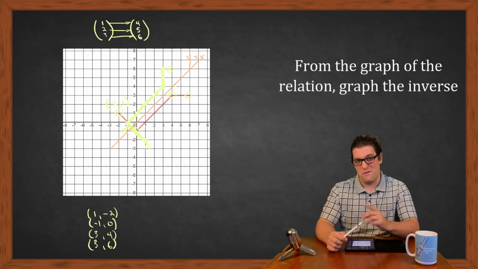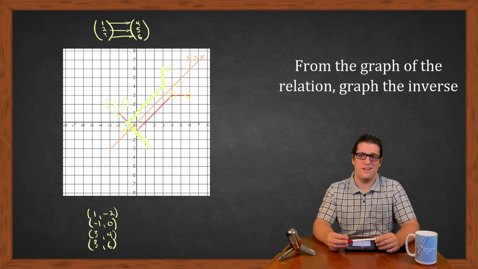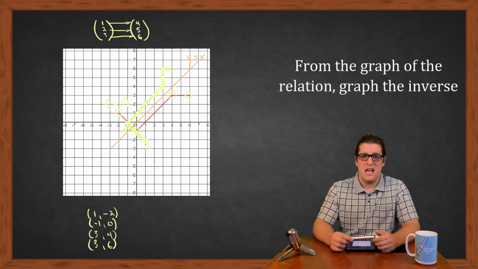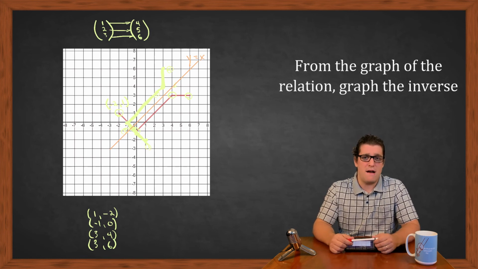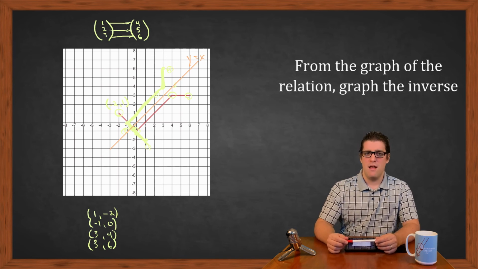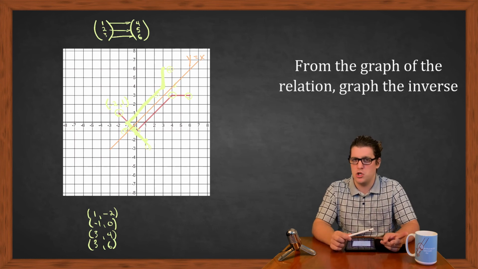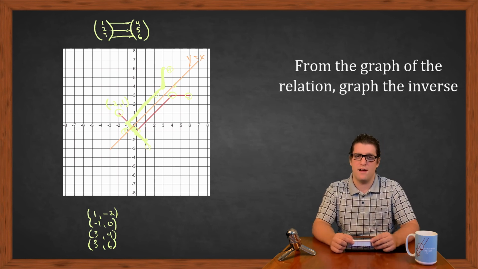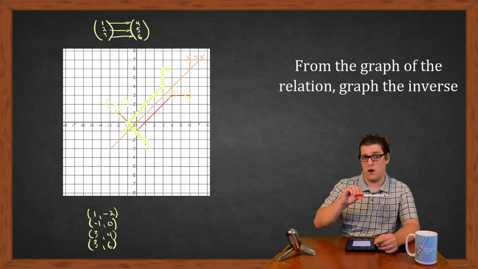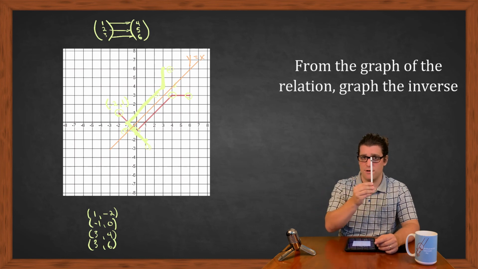Now, before I go, I should probably tell you that there's a neat little thing you can do. If you don't need to draw the graph of the inverse, but you'd like to know if the inverse is going to be a function, then really what you need to know is, are there any places where we have two x values for one y value? And the way that we do that is just a horizontal line test instead of a vertical line test.